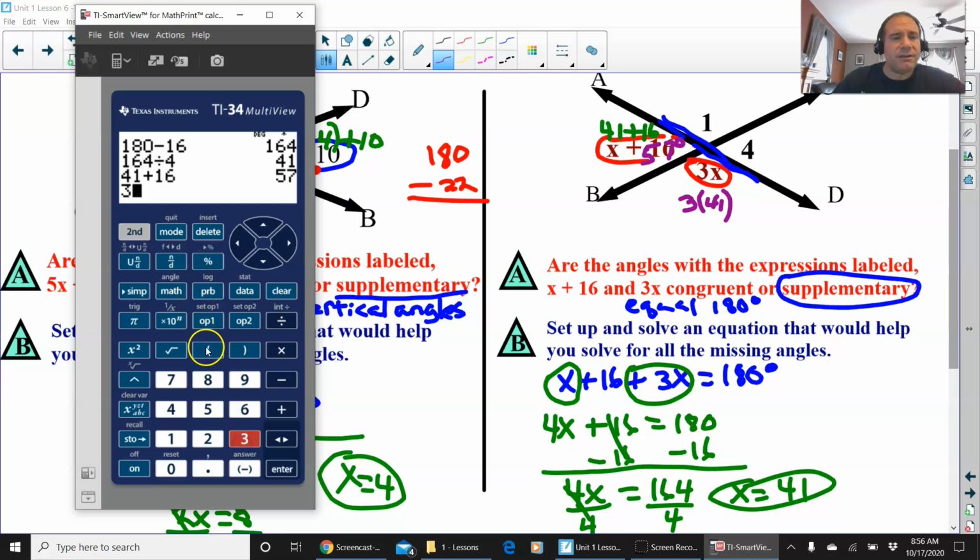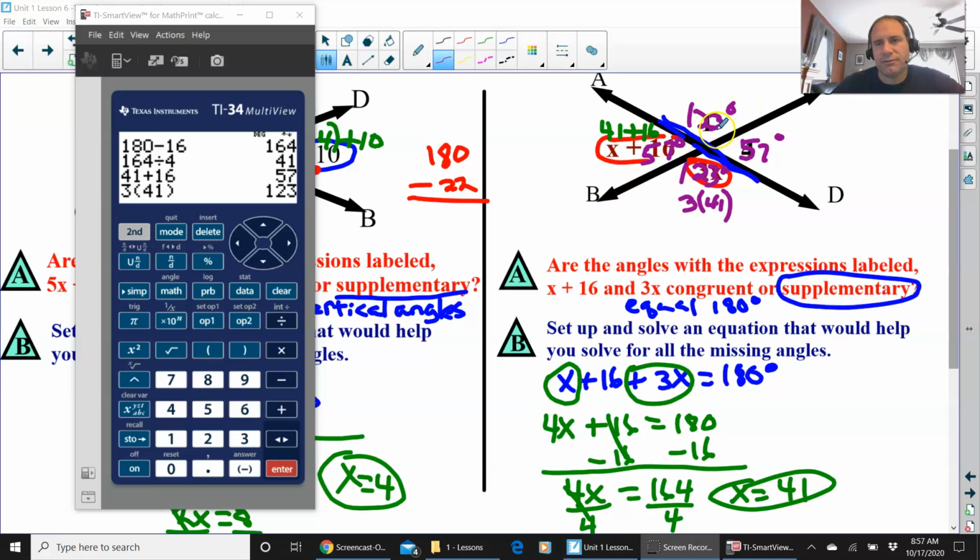So I'm going to go 3 times 41. I didn't press the multiplication symbol, I just put the parentheses, 123. So if this is 123, so is this. They're vertical angles. So if this is 57, so is this. They're vertical angles. Just checking: 123 plus 57 is 180.